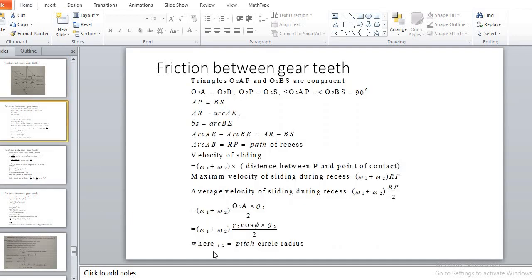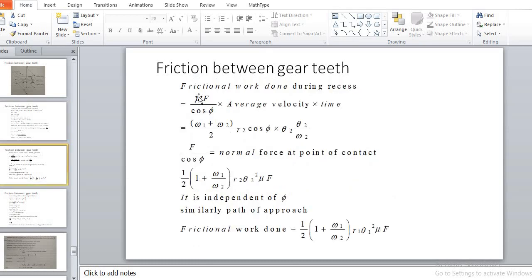With this consideration we can write O2A as R2 into cos phi. R2 is the pitch circle radius, and O2A is not the same as that pitch circle radius R2. With this we can now move further.